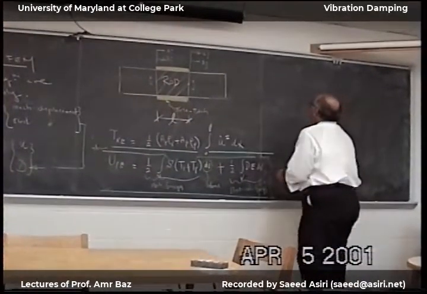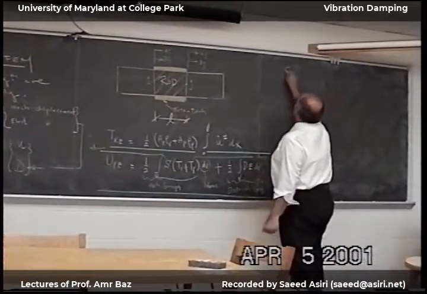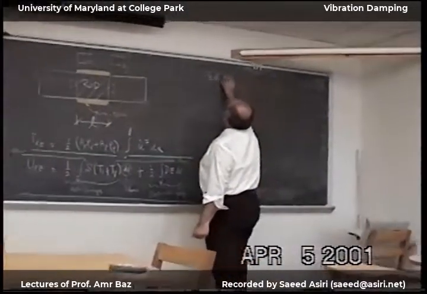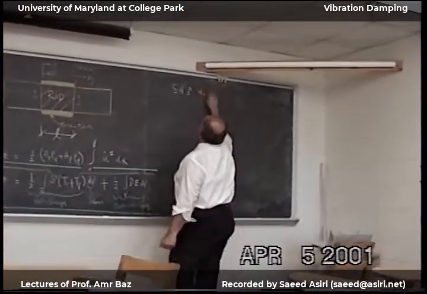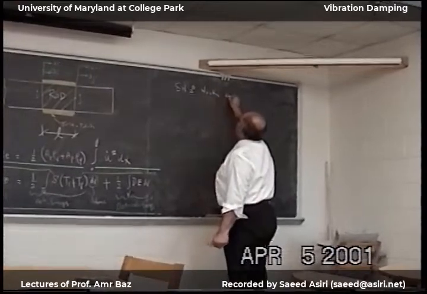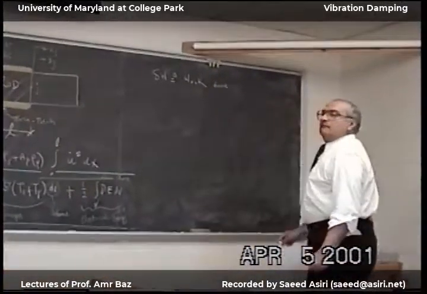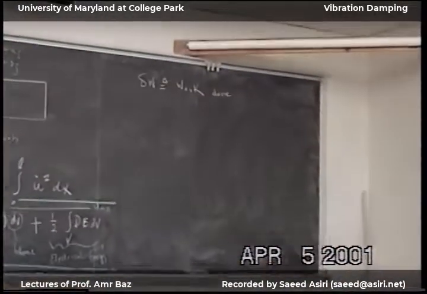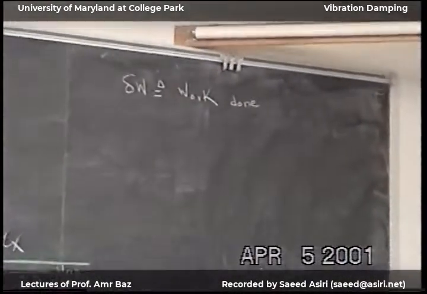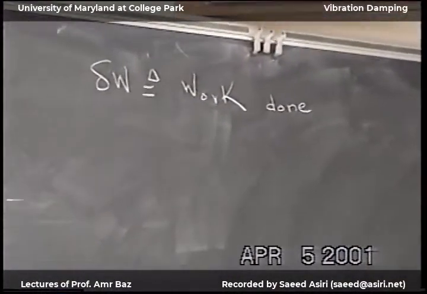And now the last part that we need is the work done. That is the interchange between the shunted network and the rod.